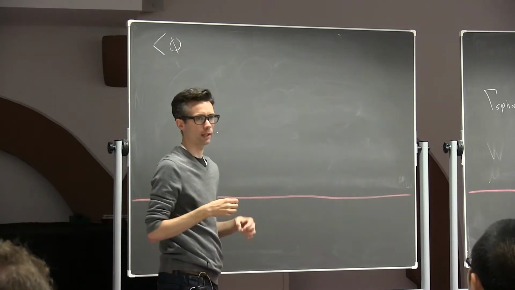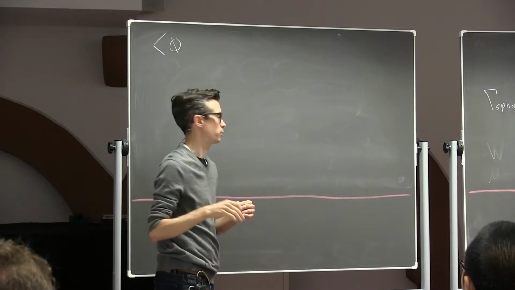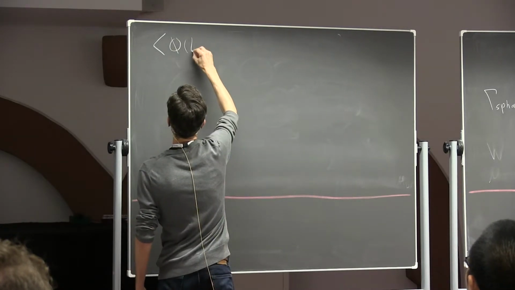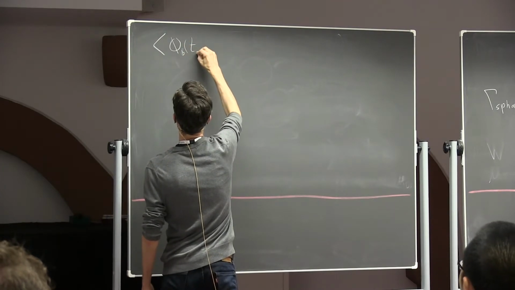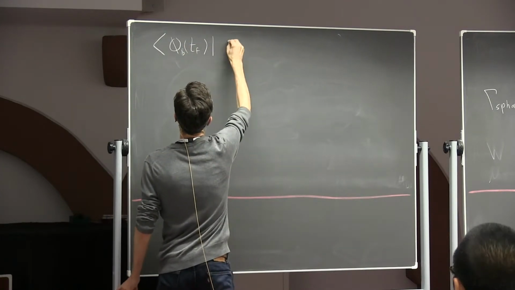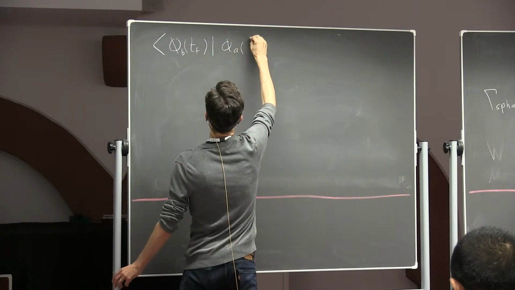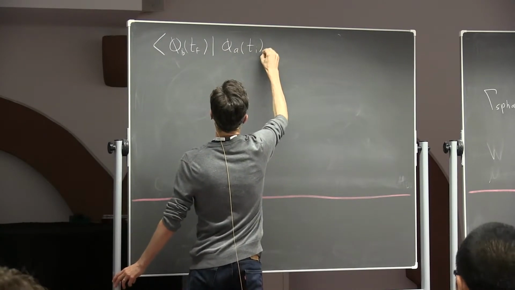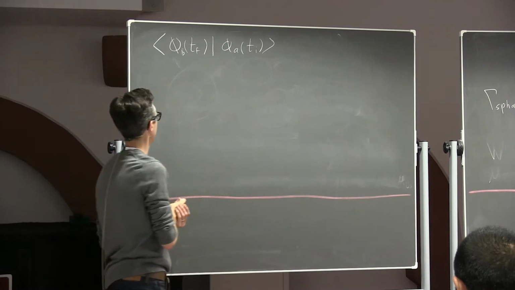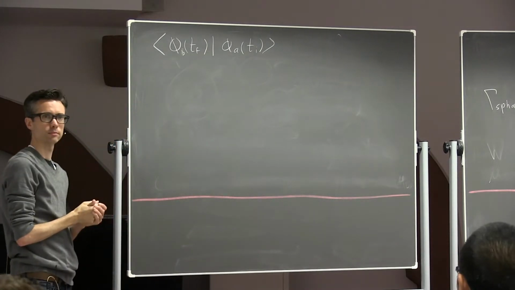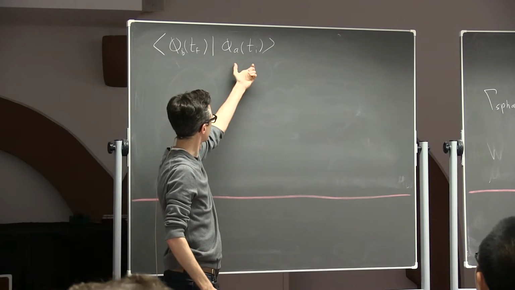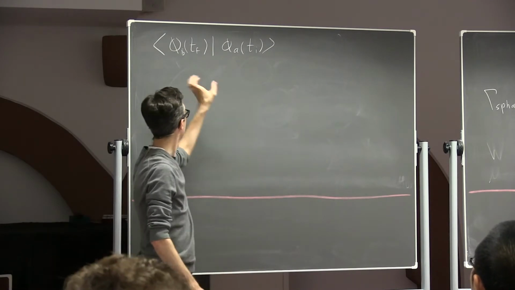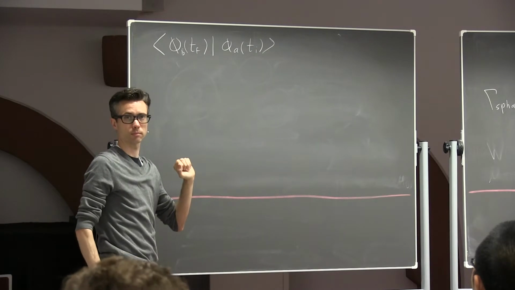Suppose I want to compute the amplitude for a configuration A at time Ti going into a configuration B at time Tf. So I have some initial field configuration with some quantum state, and I want to find the amplitude to go to some final state.